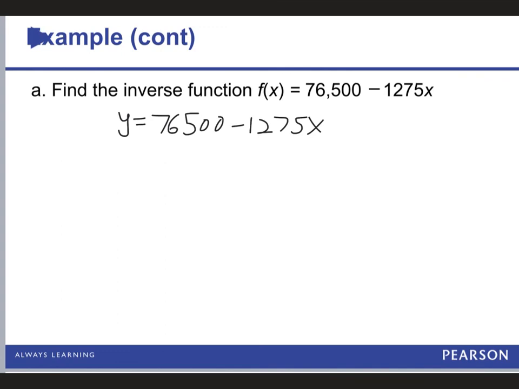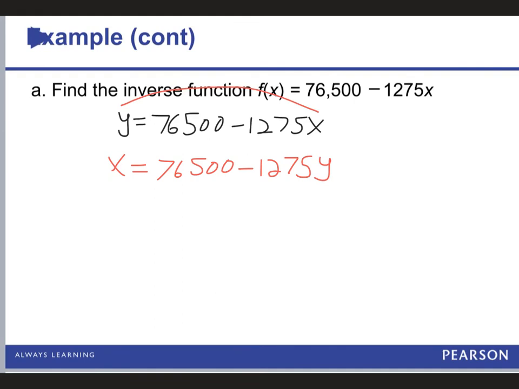The second step is to interchange the x and the y. So this y is going to go where the x is, and x is going to go where the y is. So x is now 76,500 minus 1,275y.